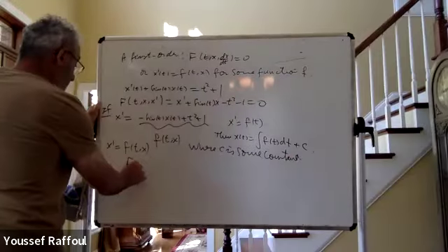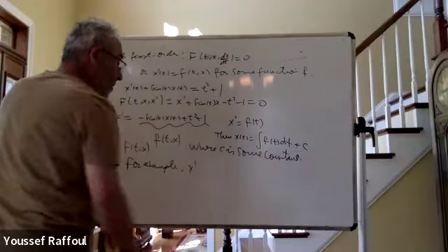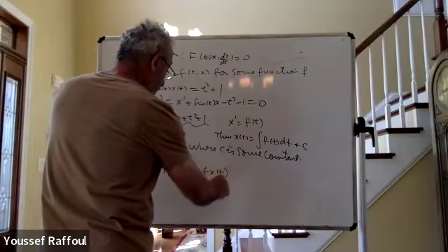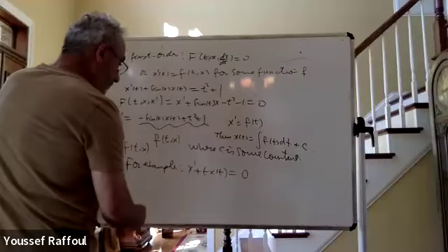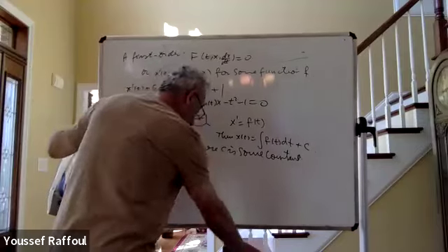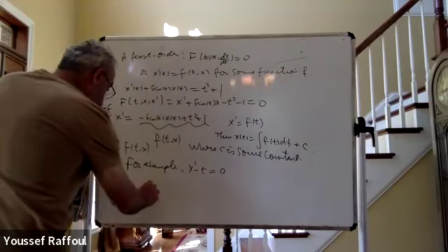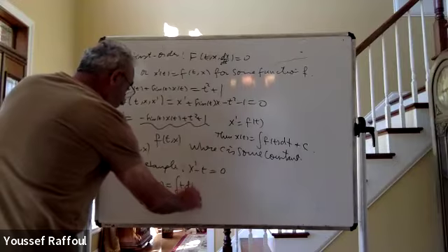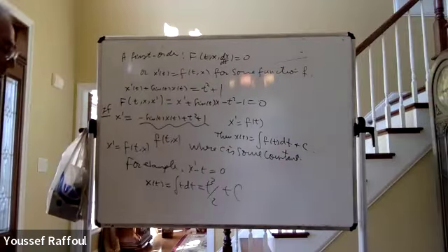For example, if I have x prime minus t equals 0, then I have x of t equal the integral of t dt, and that is t squared over 2 plus c.